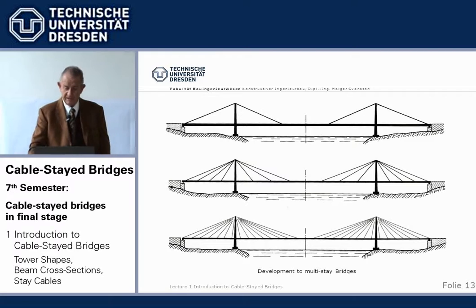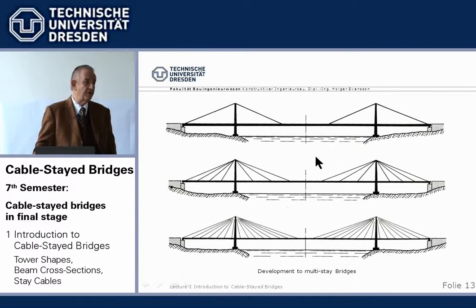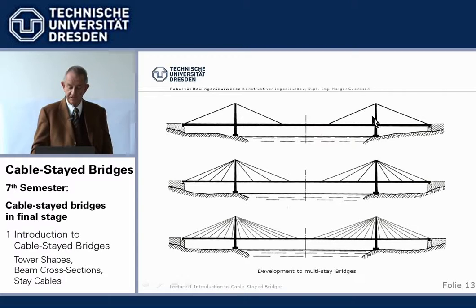Now, it all started with single forestays and backstays, which somehow replaced a pier which could not be placed, or it was less expensive to do it this way.